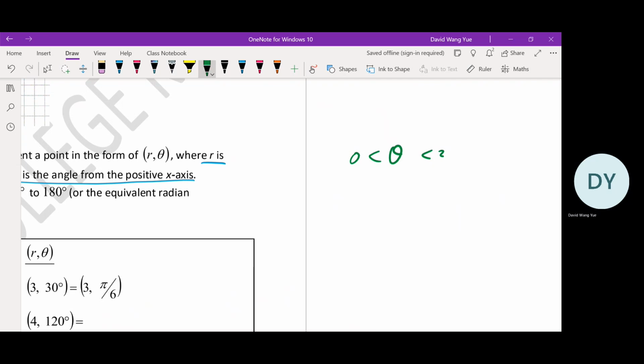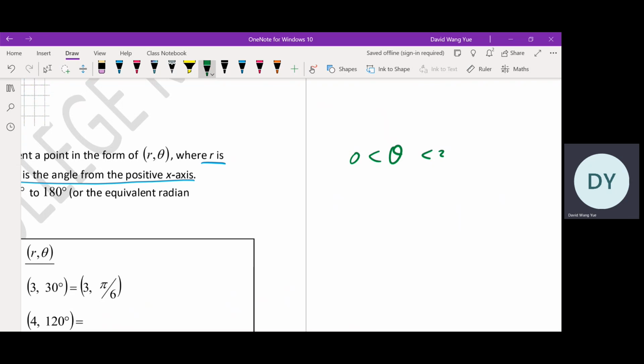Now, as you can see, minus pi and pi both refer to the negative side of the x-axis, right? If I go this way, it is pi. If I go this way, it is minus pi. They are equal on this side. So if it's on the negative axis, then we just say it's pi.